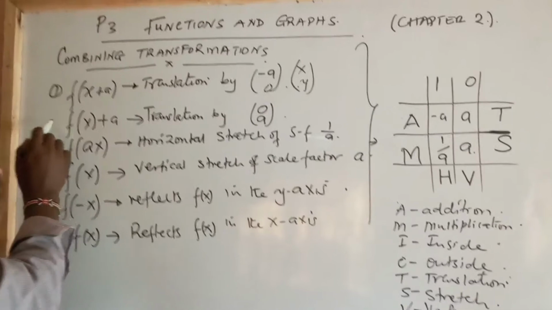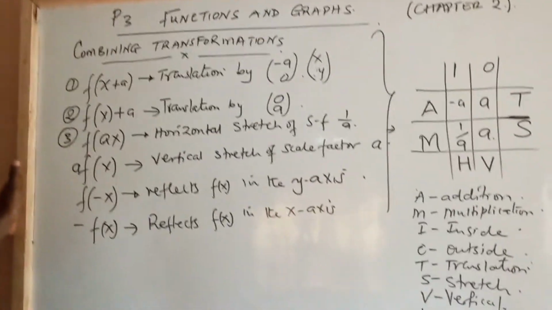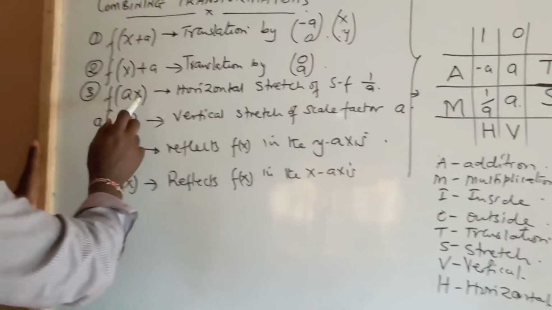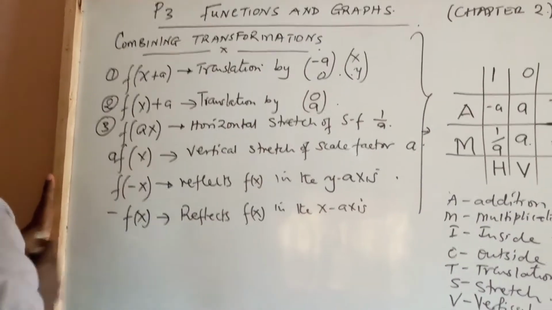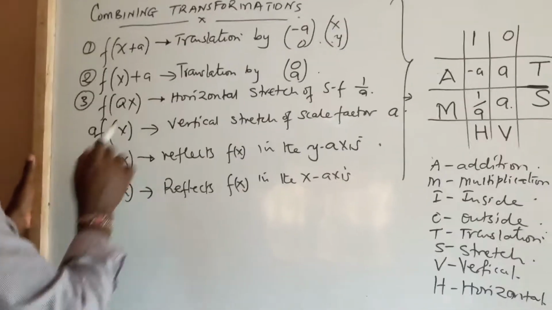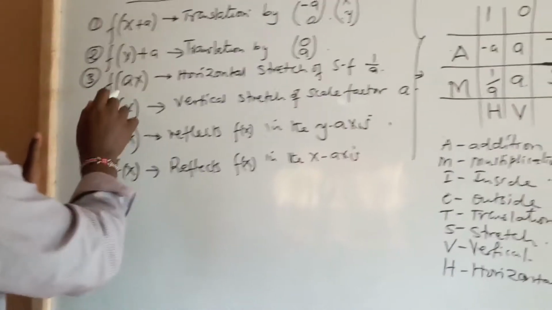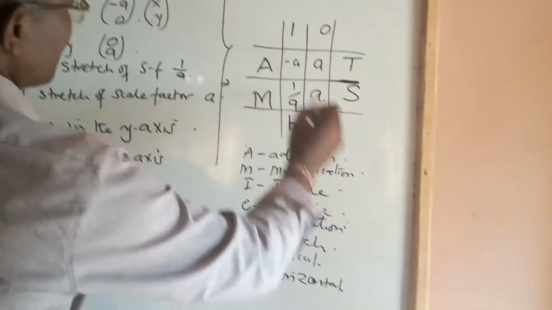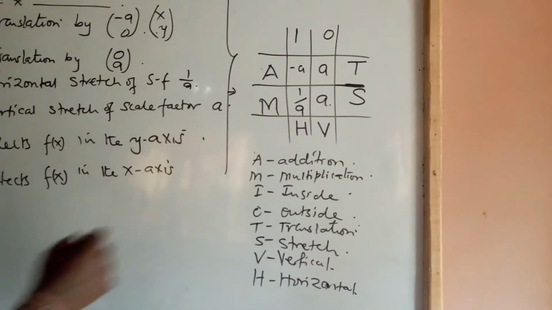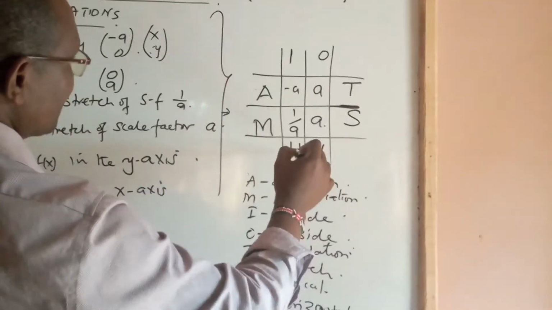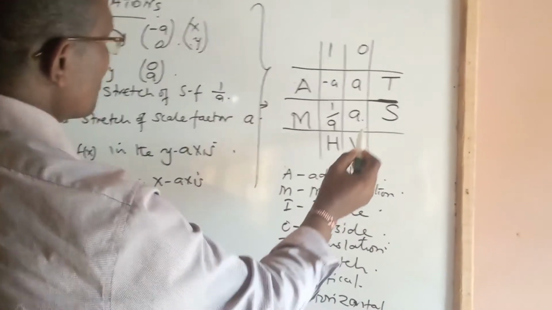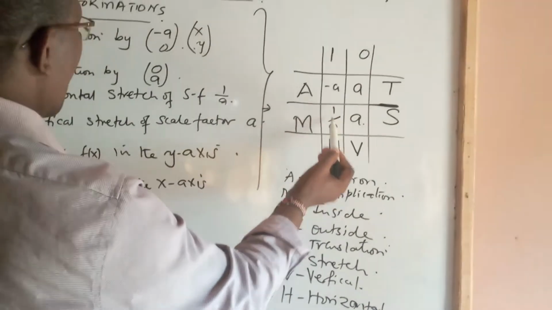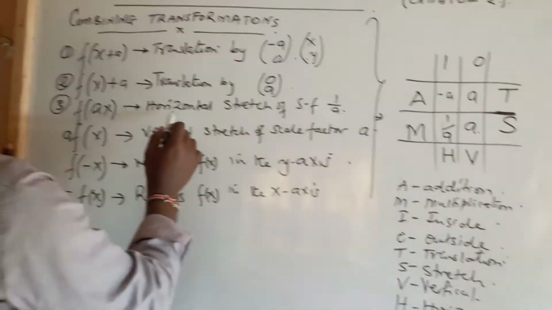Now, the third one. You can see there is A inside the bracket, so there is something to do with inside, and there is multiplication because we have AX, A multiplied by X. So this one is multiplication inside. Multiplication inside is a horizontal stretch of scale factor 1 over A. And this is exactly what we have seen here.